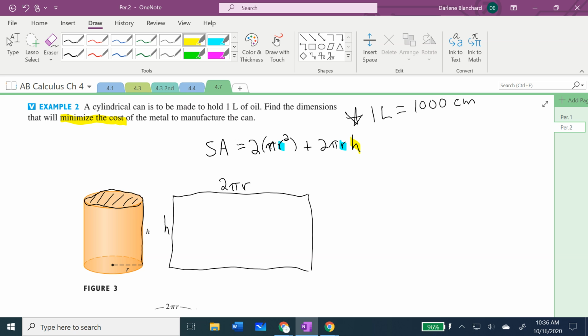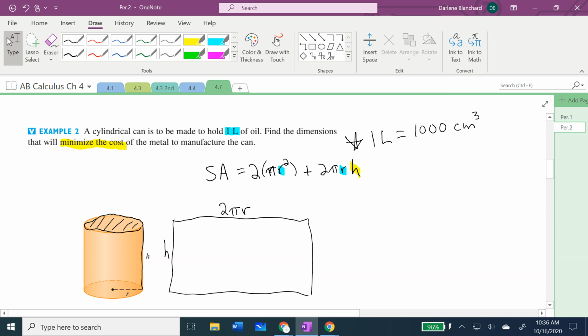Now, the problem told you that the can needs to hold 1 liter of oil. What they failed to explain to you was that you needed to convert 1 liter into 1,000 cubic centimeters. So I wrote that down as my little reminder so that I wouldn't forget and have to go remembering what the conversion is for liters.